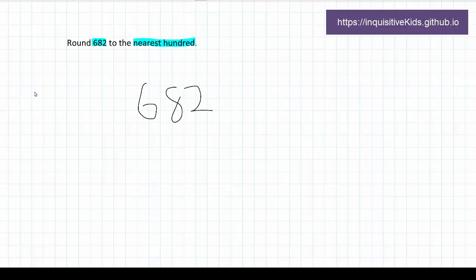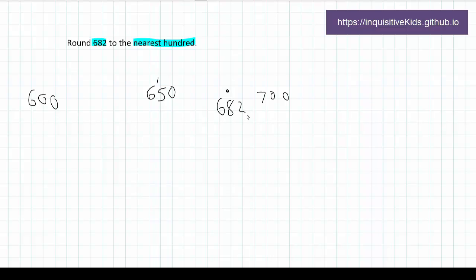682 is in between 600 and the next 100, 700. The direct middle of 600 and 700 is 650. And our number is 682.